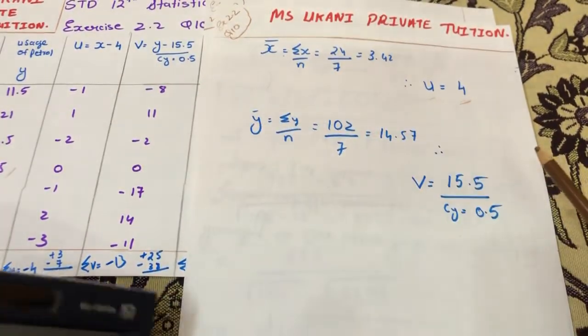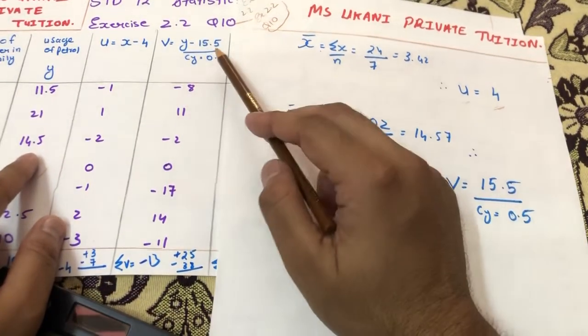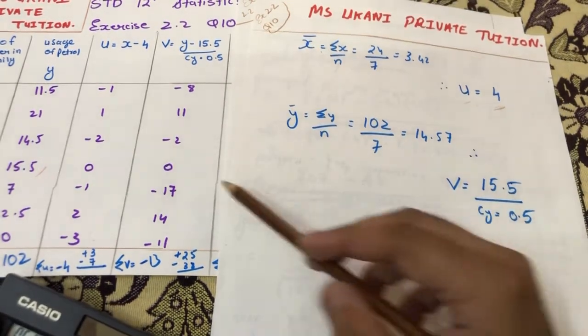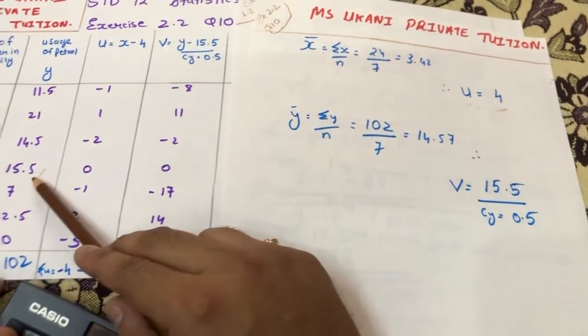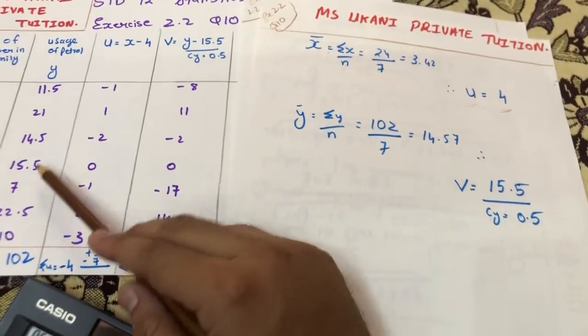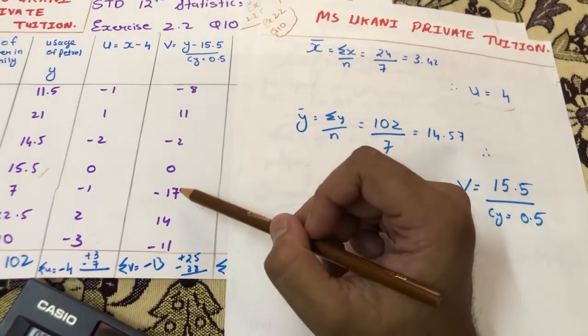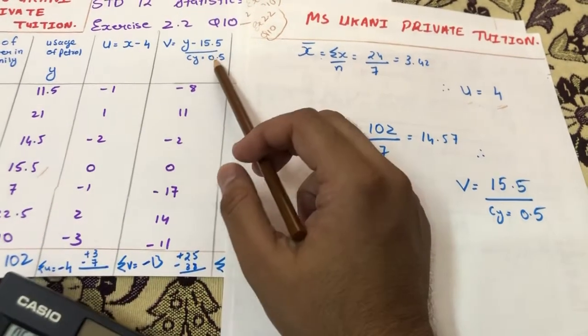In the same way, 14.5 minus 15.5 divided by 0.5, our answer will be minus 2. Again, 15.5 minus 15.5 will be 0. Again, 7 minus 15.5.